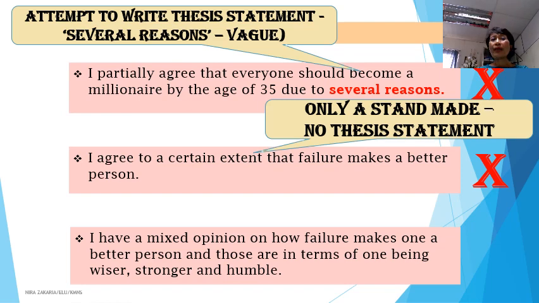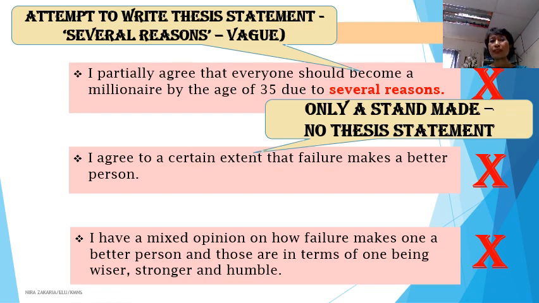Okay, so what is this? This again is a no-no. This is also wrong. Why is it wrong? Because you have already committed yourself to a mixed opinion, mixed stand. So we expect to see the combination of agreement and disagreement in your thesis statement.